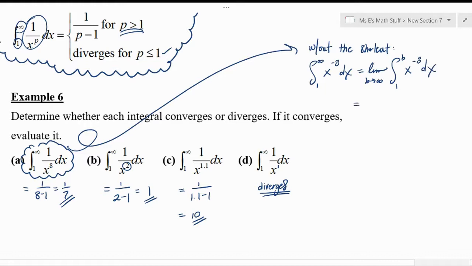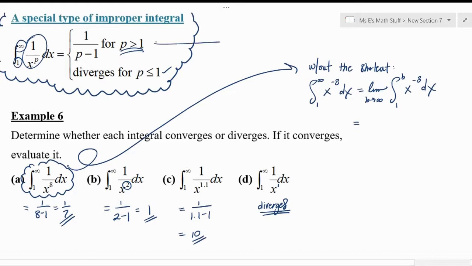And now watch what happens when we use the power rule here. Really, that should help you to see why the shortcut is the way it is. So when we use the power rule, you take the opposite of what was p, and we add 1 to it. And so we'd have x to the negative 7 in this case, divided by negative 7. Oops, I forgot the rest of my notation here, going from 1 to b.